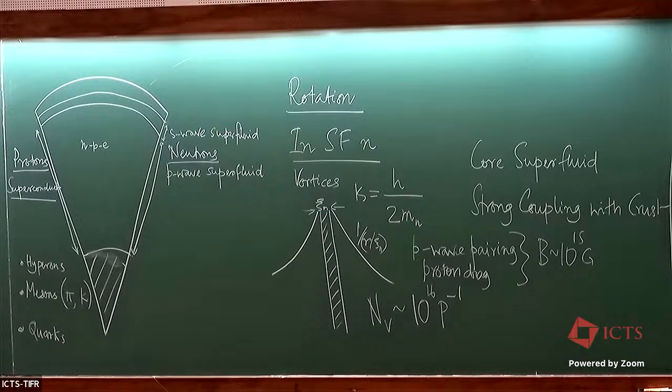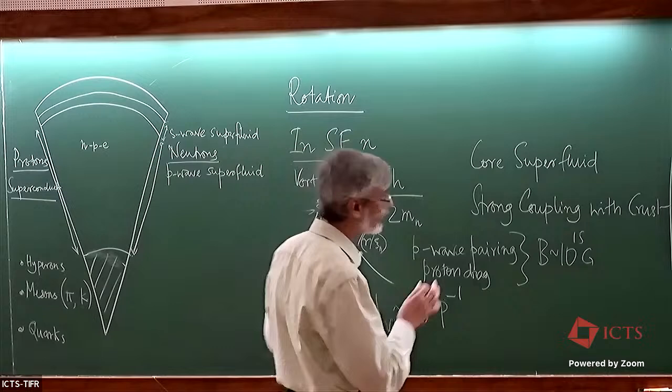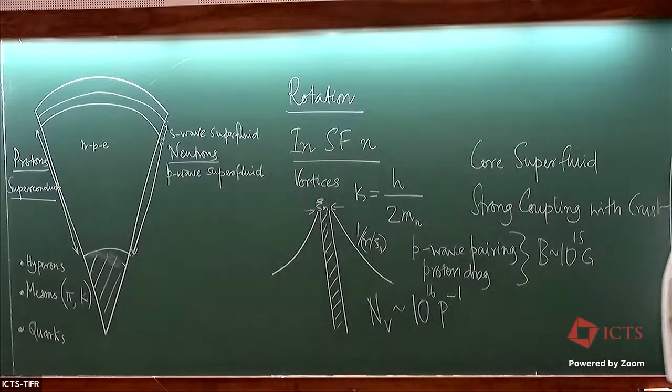Now let's move to something a little different. So we have looked at the way a neutron star is made. We have looked at the major components of the interior. We know that the neutron star has a strong magnetic field and it has a rotation.